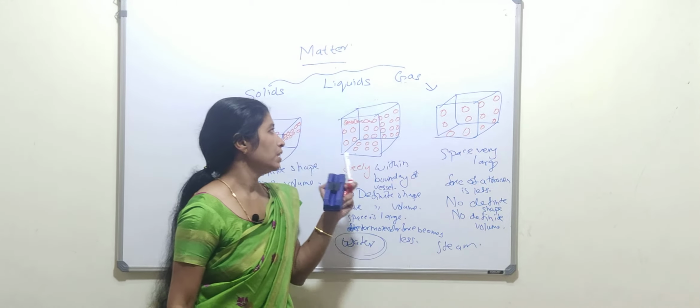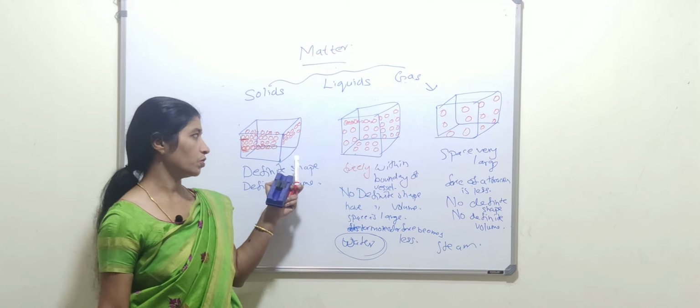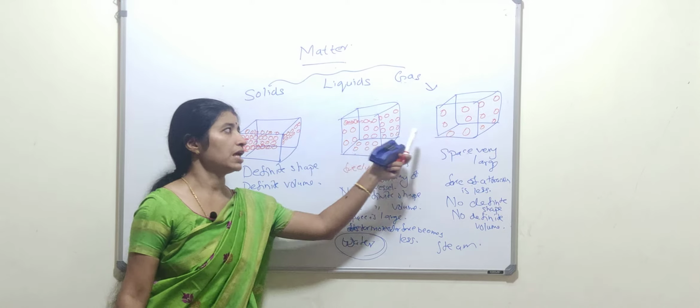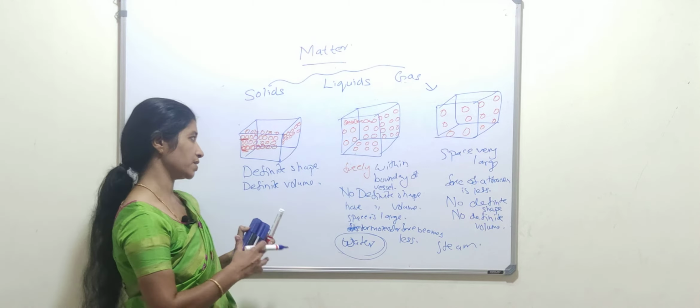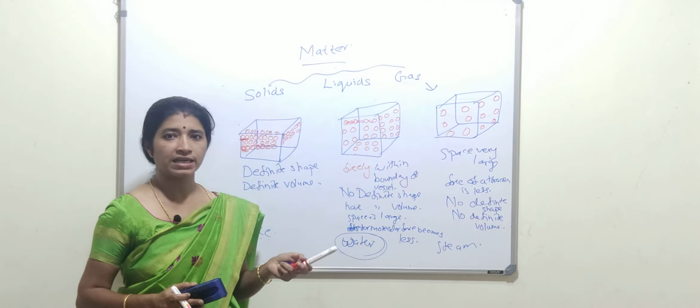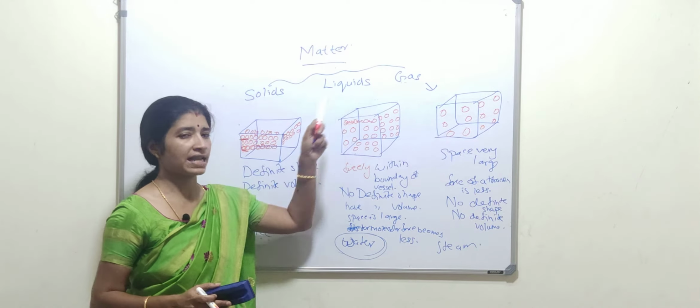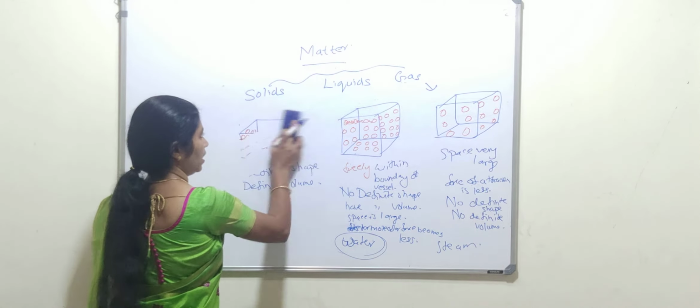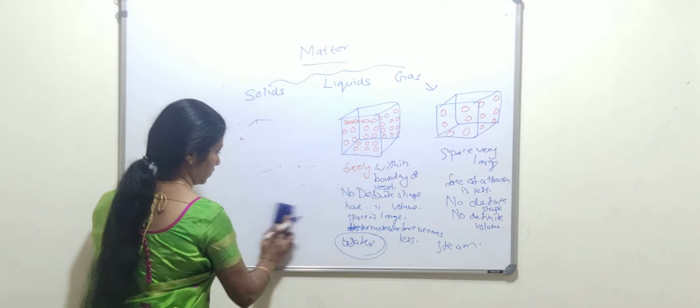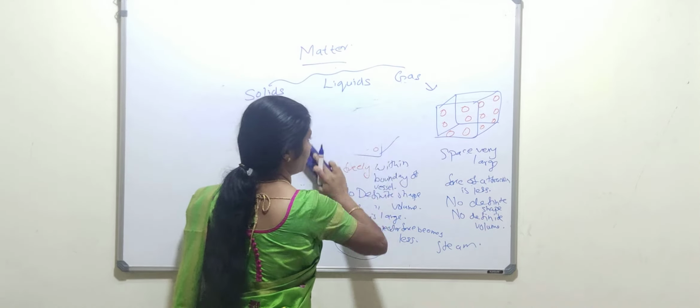Okay, these are the three molecular models of solids, liquids and gaseous state substances. Accordingly, we can distinguish these three states of matter.